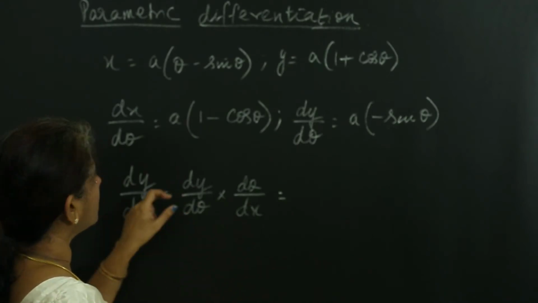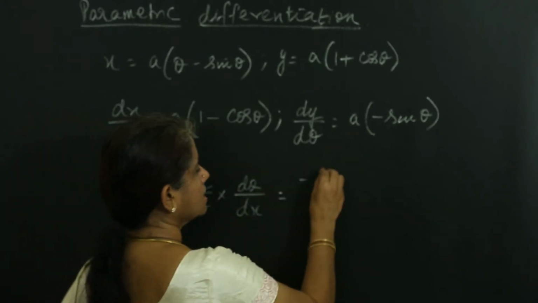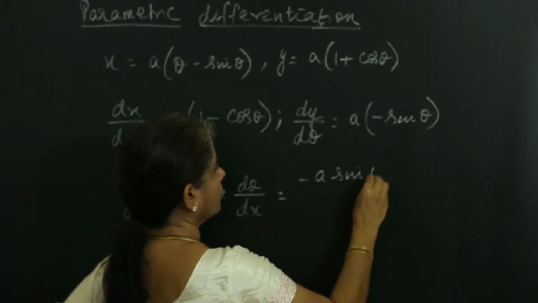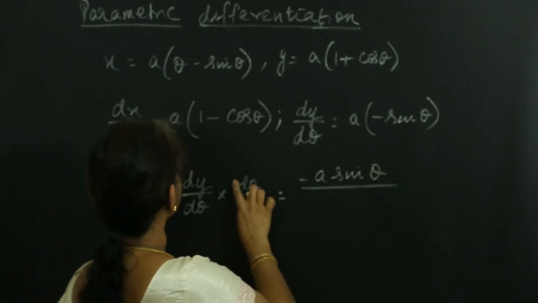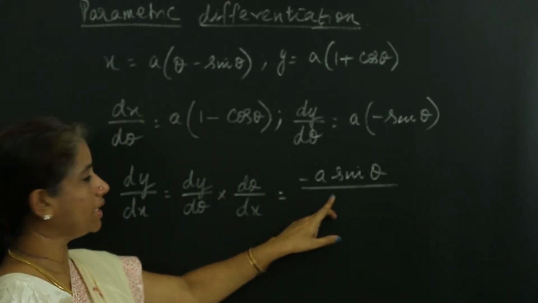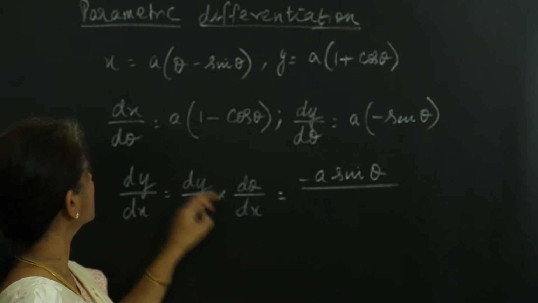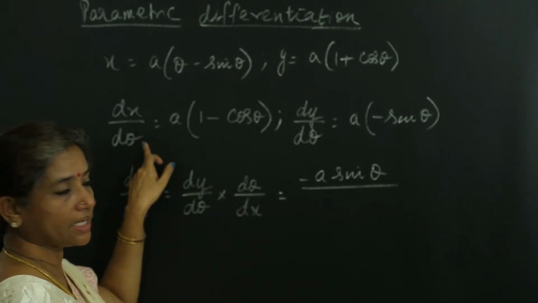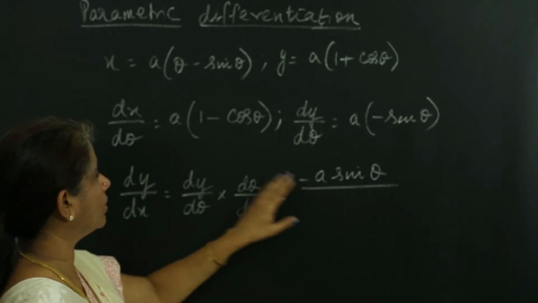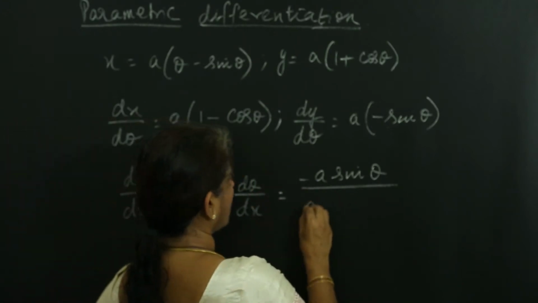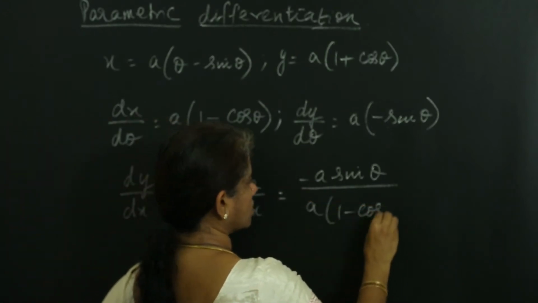You know dy by d theta, what is it? Minus a times sin theta, and you know dx by d theta. Why am I writing the denominator: this is d theta by dx, but I am going to copy dx by d theta, so it will come in the denominator. This is nothing but a into 1 minus cos theta.